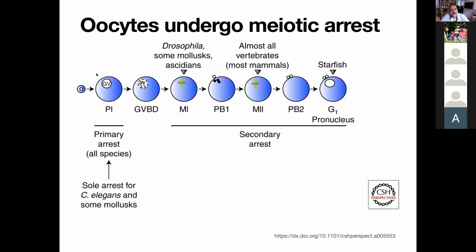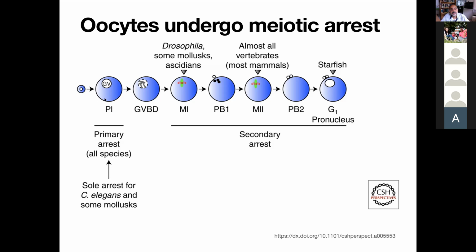It's thought that the luteinizing hormone, which is one of the puberty triggering signals, acts on the follicle cells that are around the oocyte, and these signal to the oocyte to bring down the levels of cyclic GMP and cyclic AMP.